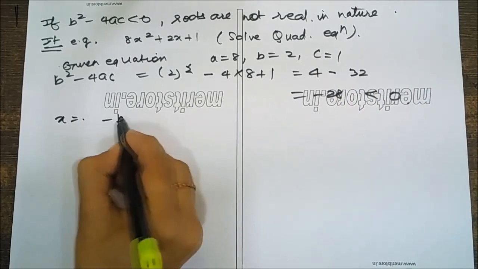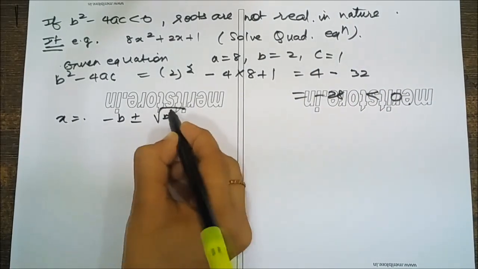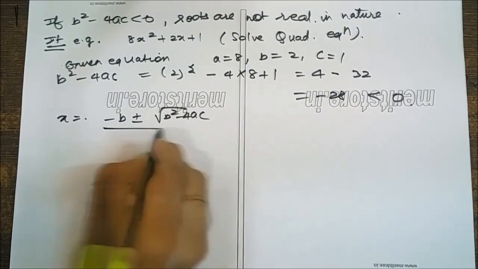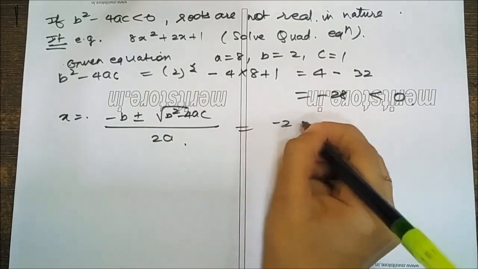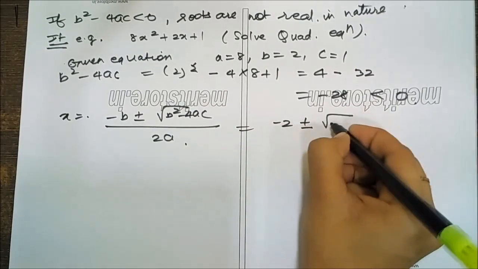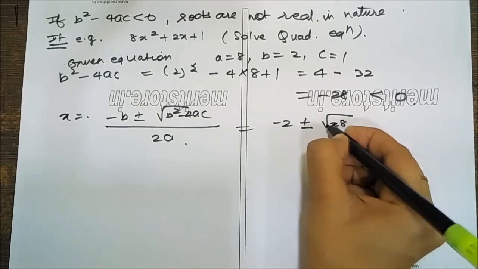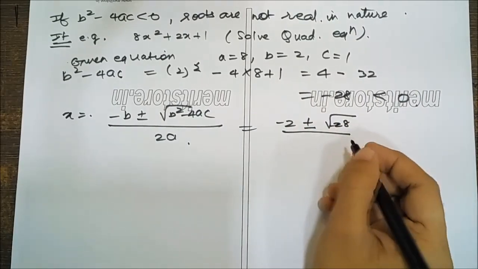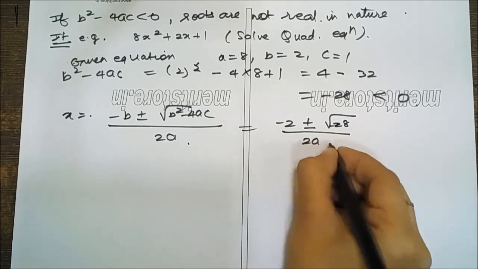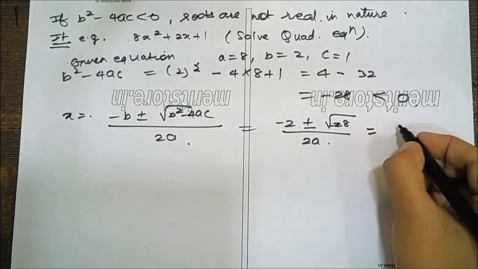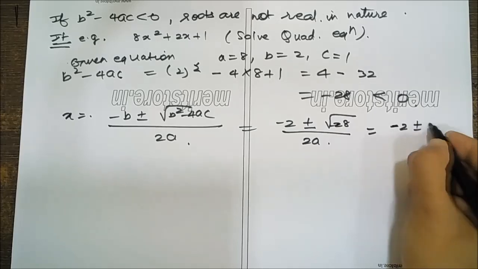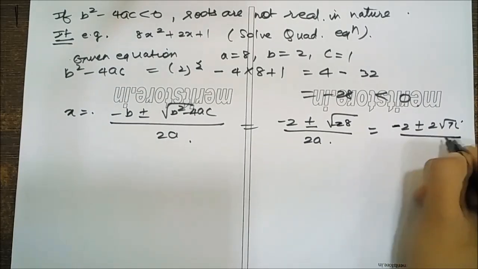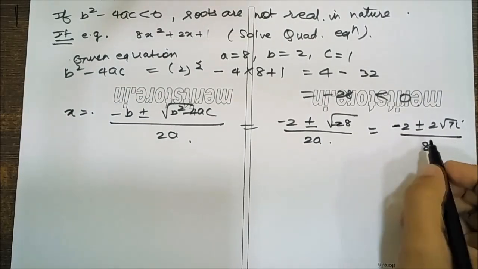So x is equal to minus b plus minus root of b square minus 4ac upon 2a. So minus 2 plus minus root of minus 28 upon 2a. So minus 2 plus minus 2 root 7i upon 8.